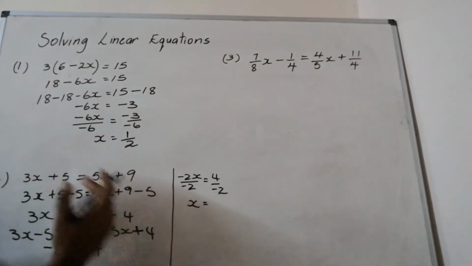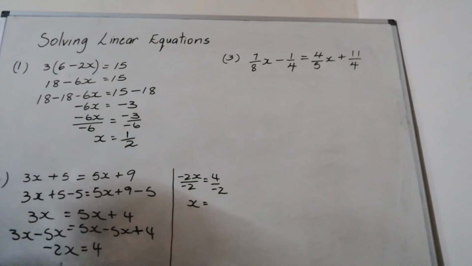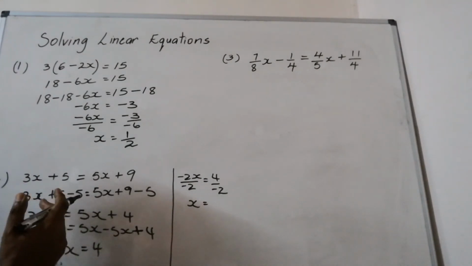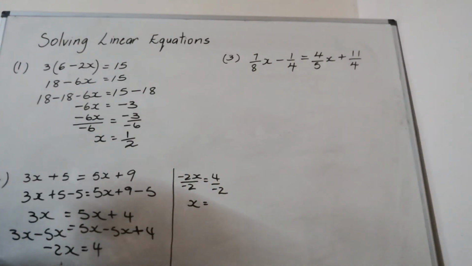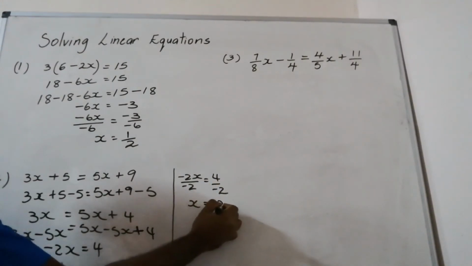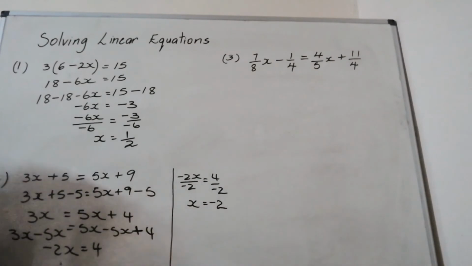Anytime we're multiplying or dividing and the signs are different, our answer will be negative. So positive divided by a negative gives us a negative 2. Alright, so our answer is negative 2.